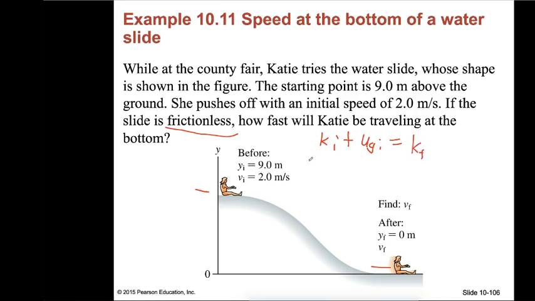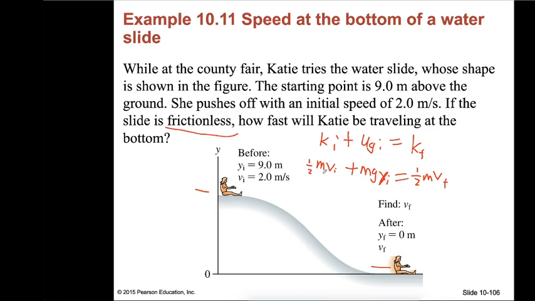For the initial kinetic energy, it's 1/2 m v initial, and for the initial gravitational energy, it's m g y initial. For the final kinetic energy, it's 1/2 m v final.